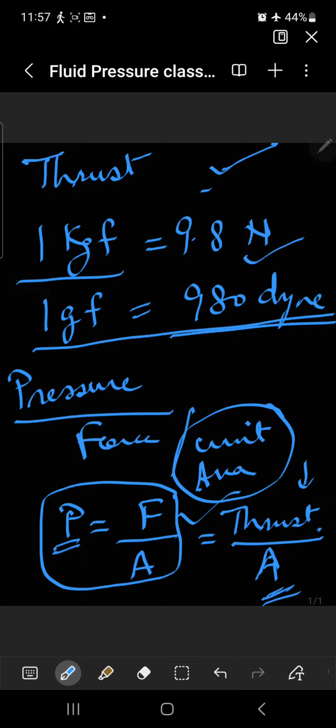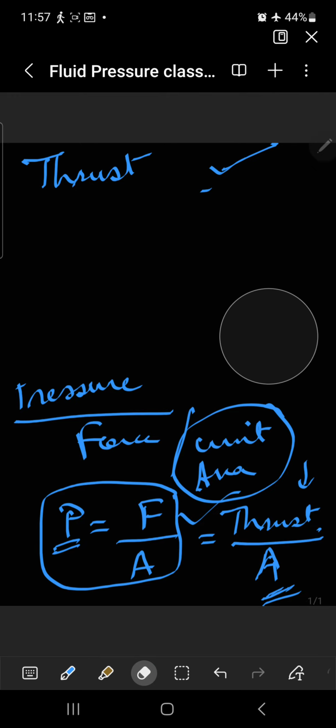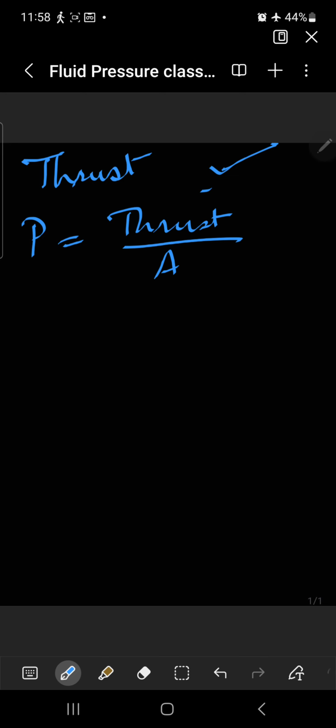Thrust is perpendicular force applied on a surface. Got it? I hope you have understood till here. Now in this chapter we will use pressure equals thrust upon area. Thrust is a perpendicular force.